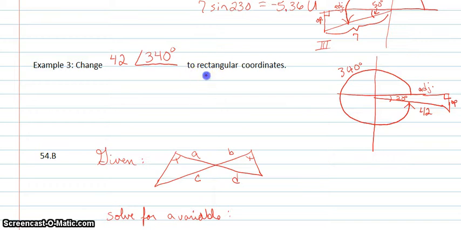So we go 42 cosine of 340. It's in the fourth quadrant, so the x is positive, but down here the y is negative. So our sine should give us a negative number. So for the r value, we have 39.47.